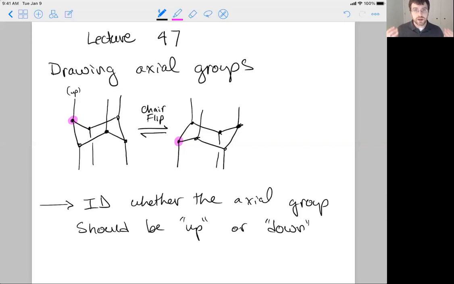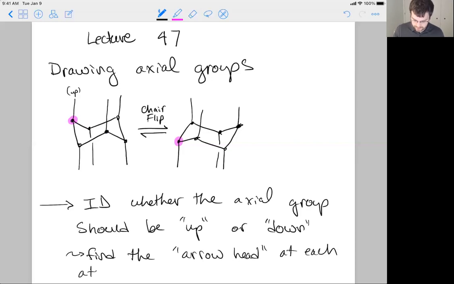The important thing is that you're able to just draw accurately the axial positions, the axial bonds on a chair structure. So what I do, just my tip, is I find the arrowhead, I guess, at each atom, and that arrowhead determines the direction the axial group points.